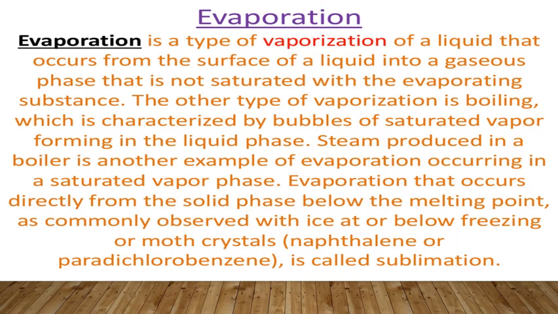Evaporation that occurs directly from the solid phase below the melting point, as commonly observed with ice at or below freezing or moth crystals, naphthalene or paradichlorobenzene, is called sublimation.